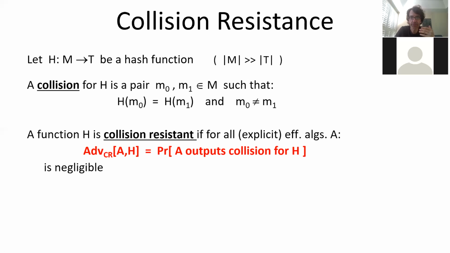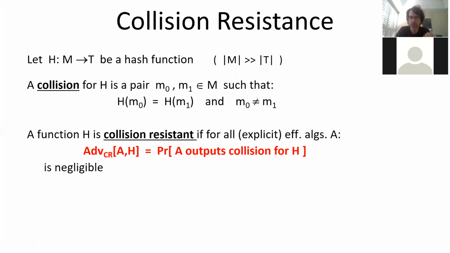So this probability, what does it go over? Well, randomness of the adversary, but note, look, if I say for all efficient algorithms, and these messages exist, so no hash function can be secure against this, because imagine this M0 and M1, the moment M is greater than T, then M0 and M1 exist to satisfy this.